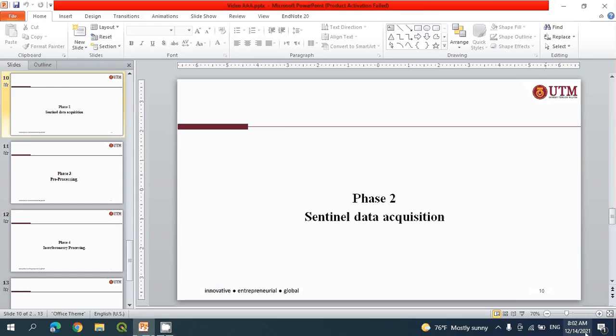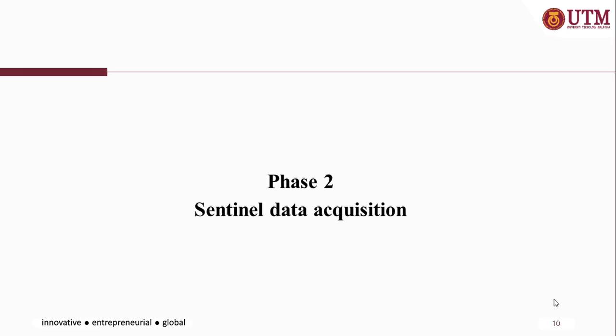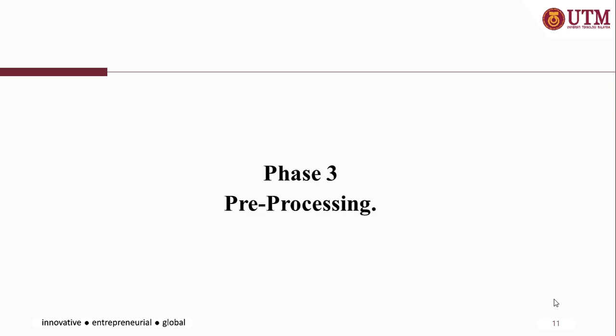So we now go to phase 3, pre-processing, to make our pre-processing for our product. It is important to do our pre-processing, like radar radiometric calibration and deburst for both images.